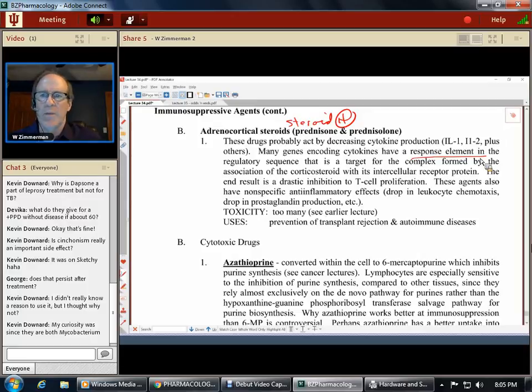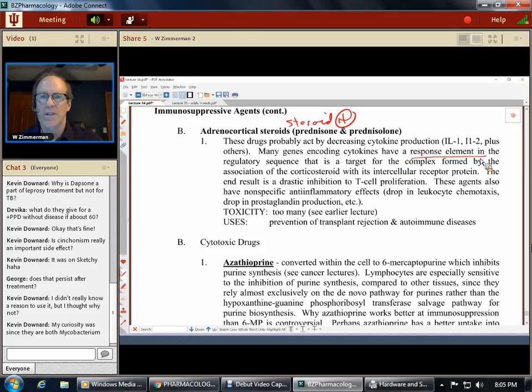But we get a good inhibition of T cell proliferation. The problem with these drugs, particularly in high dose, is, for one thing, people don't like a high dose more than a few days. At 40 milligrams of prednisone, people feel like somebody's infusing Starbucks coffee into them. They don't like it. So you've got to get down to a low dose, instead of 40 milligrams, down to about 5.